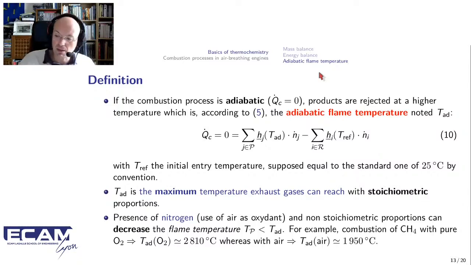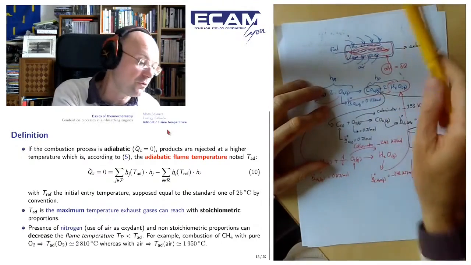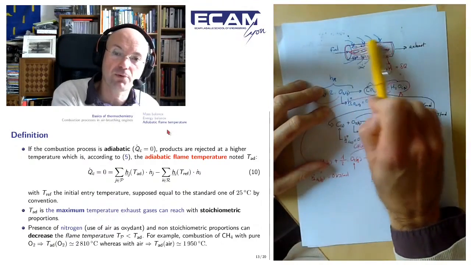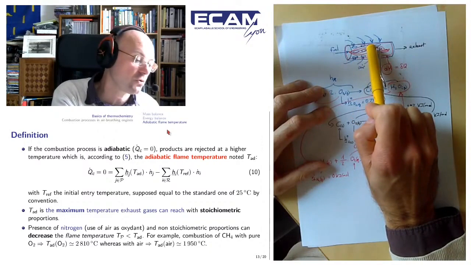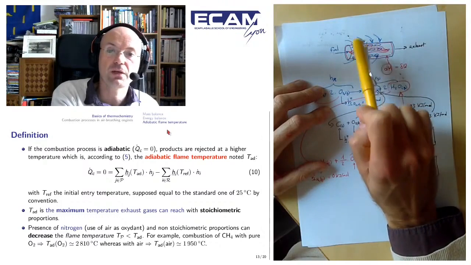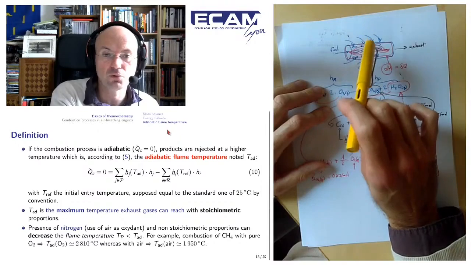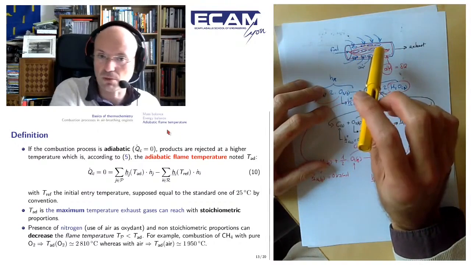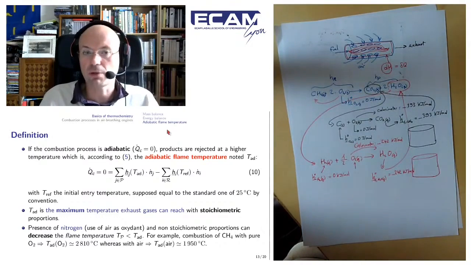Just keep in mind in my previous drawing, the flame here is permanently present inside the combustion system. And so it means that you will have a permanent exchange of heat from the flame to the inner surface of the combustion chamber. And if you maintain 2000 degrees of the flame at some centimeters away from the inner surface of the combustion chamber, you will destroy everything.